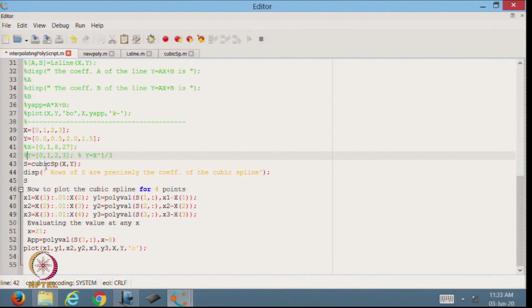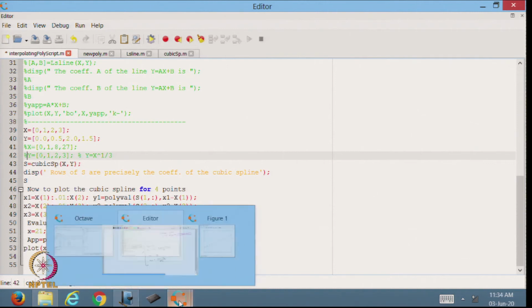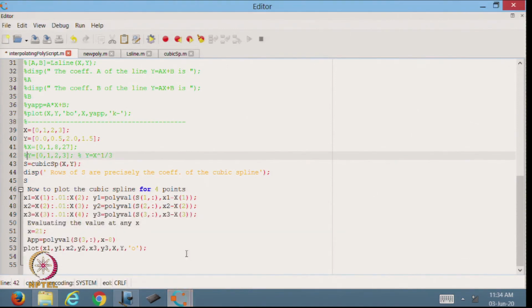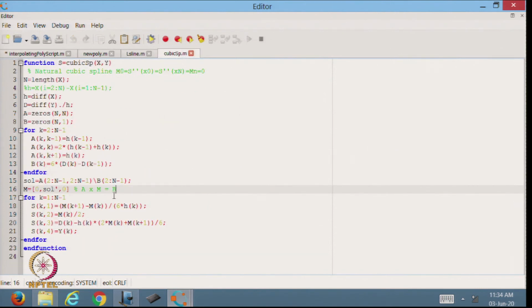Now I call the function cubic spline with x and y, and then I get the value of s. The rows of s are precisely the coefficients of the cubic spline, where k moves from 1 to n minus 1.